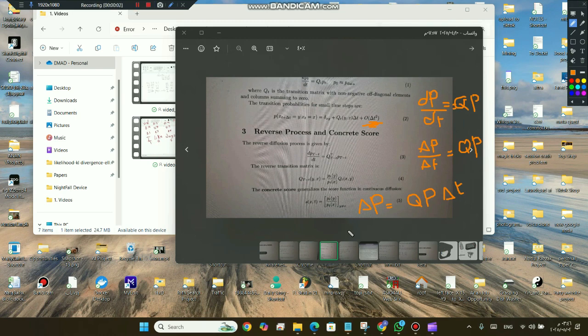So p new, the new p, will equal the p old plus this Q delta t times the p old.